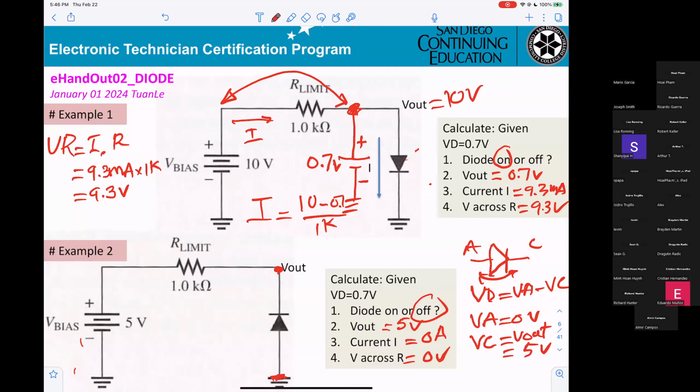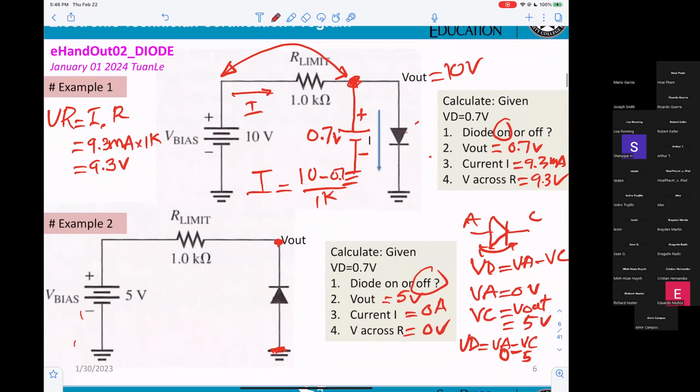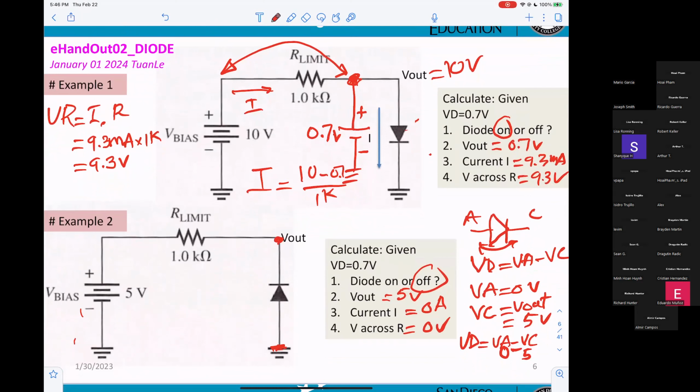Okay, so VA minus VC. VA is 0, minus 5. Oh, we can't see the bottom part of your screen. Hang on a second. There we go.